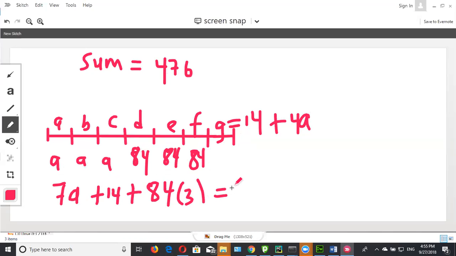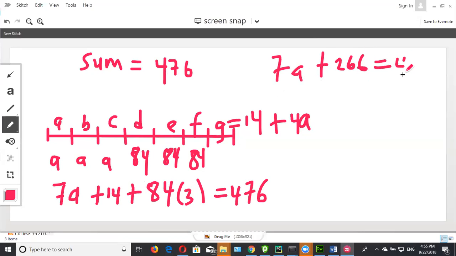This should be equal to 476. If we simplify, we'll find that we have 7A plus, well, 84 times 3 is 252, plus 14 is 266. This is equal to 476.